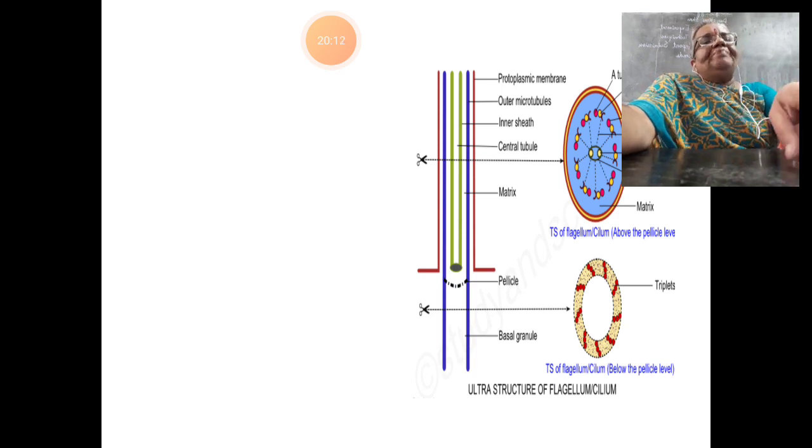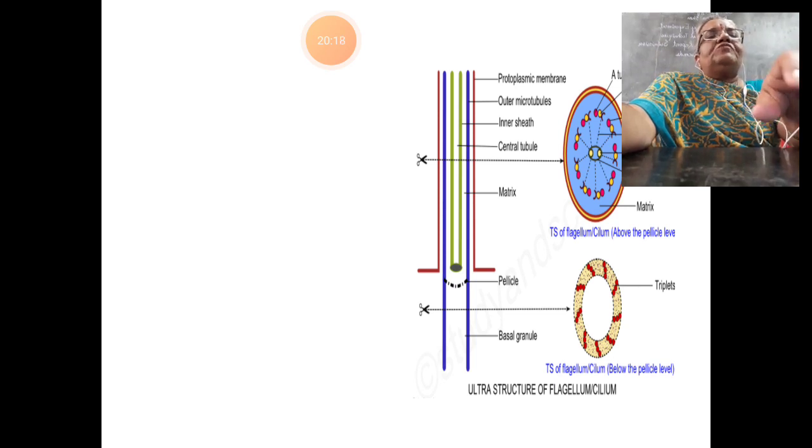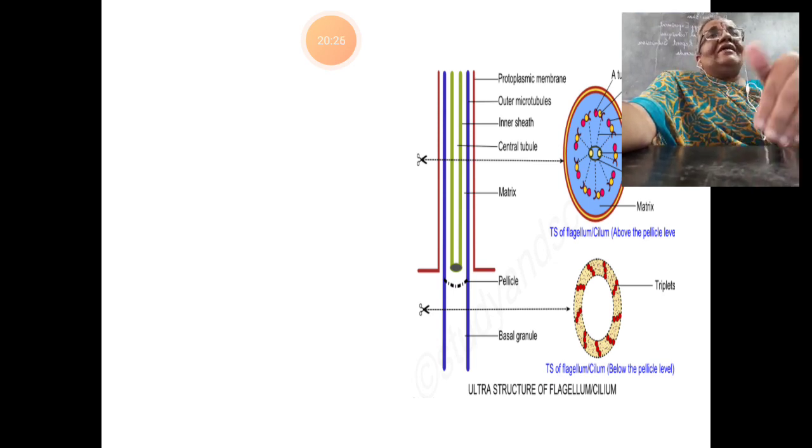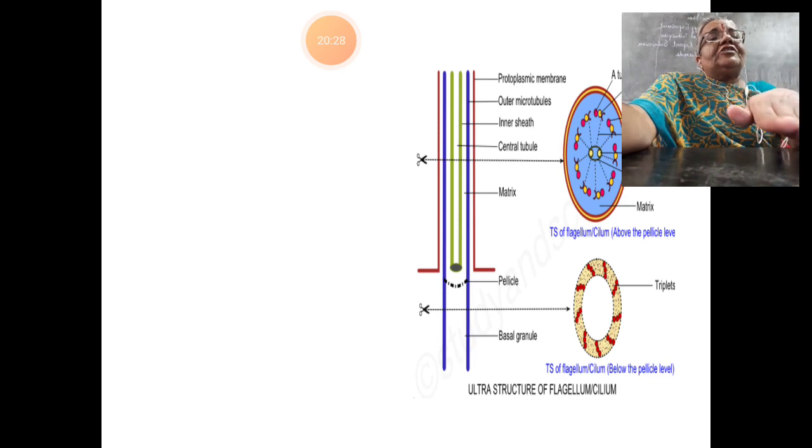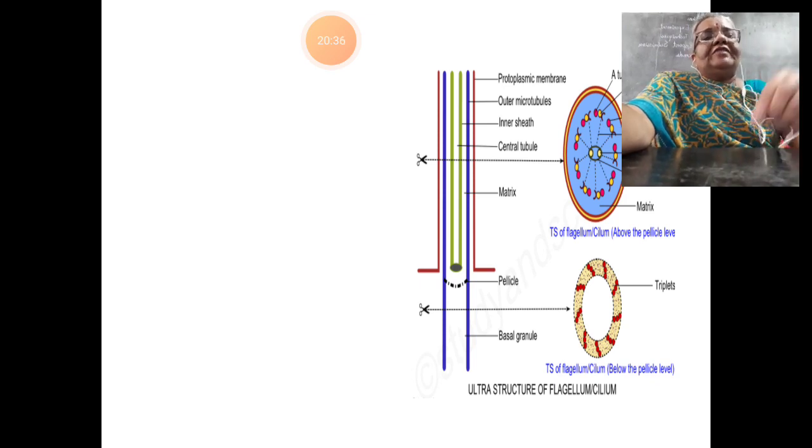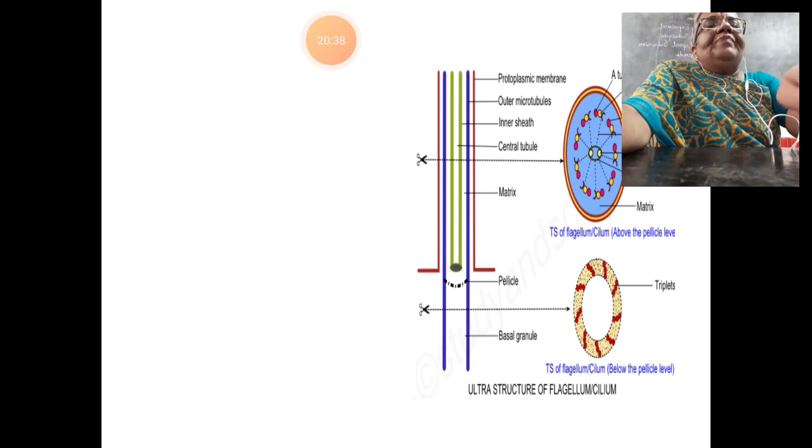Now let us study how a flagellum looks, and if you understand the structure of a flagellum, it is very easy to understand the structure of a cilium, because essentially their structure remains almost similar, okay, but for minor differences here and there. Okay. Now with this background, let us study the structure of a flagellum.